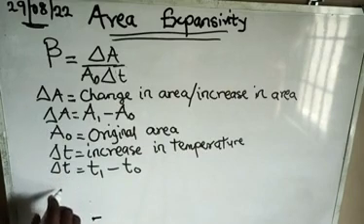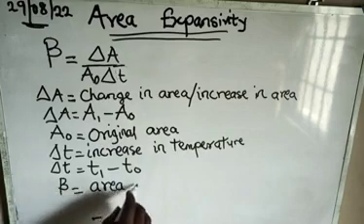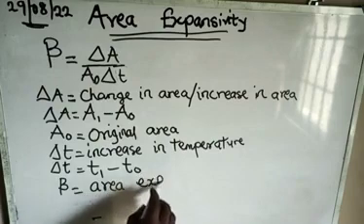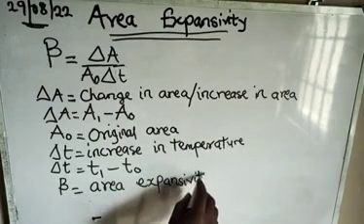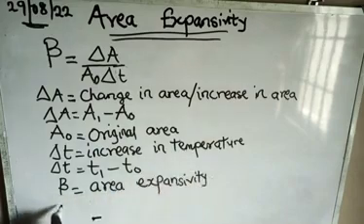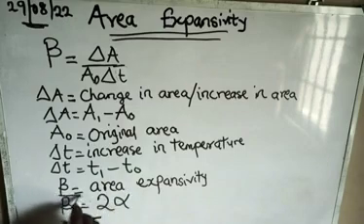And then finally my beta, which is the area expansivity, is equal to 2 times the linear expansivity.